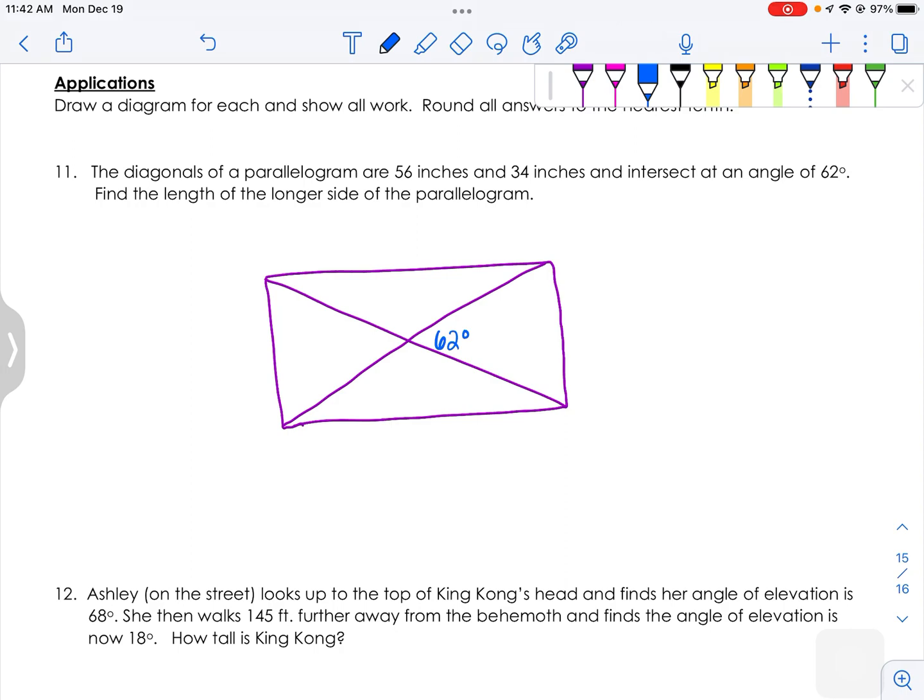The diagonals are 56 and 34 inches, which means the halves of the longer diagonal are going to be 28 inches each, and the halves of the shorter diagonal will be 17 inches each. To find the length of the longer side, first I would find this missing angle by subtracting 62 from 180 and getting 118. Then I can use the law of cosines because you have two sides and an included angle.